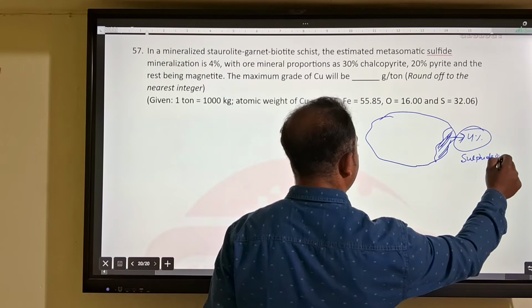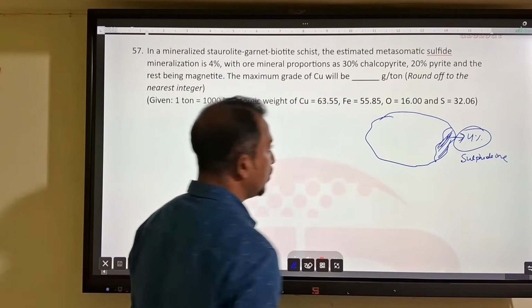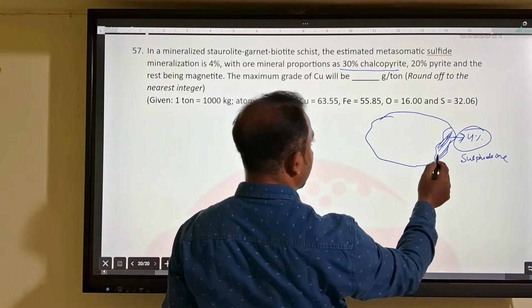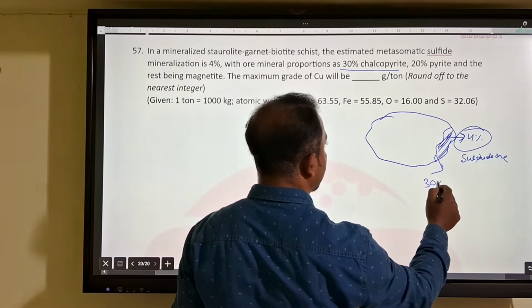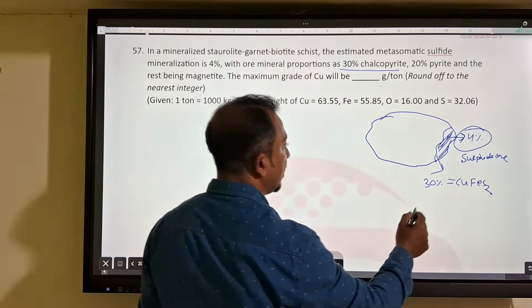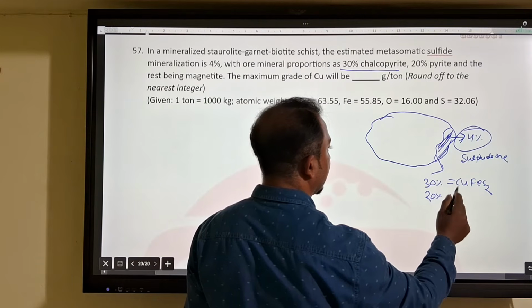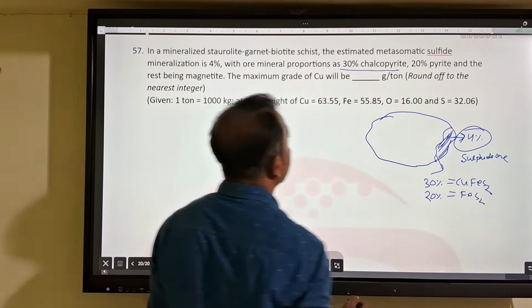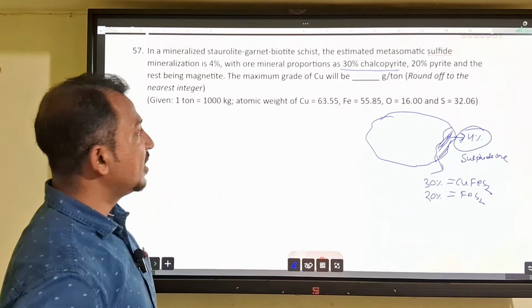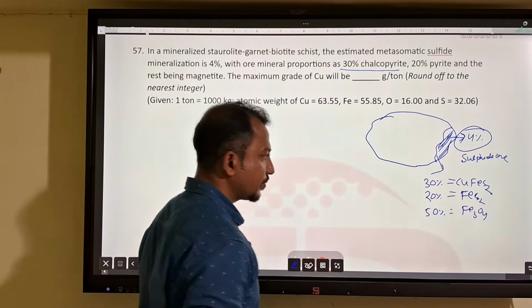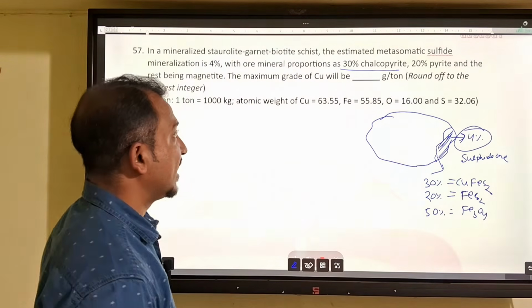This 4% consists of 30% chalcopyrite, that is CuFeS2, then 20% pyrite, that is FeS2, then the rest being magnetite.